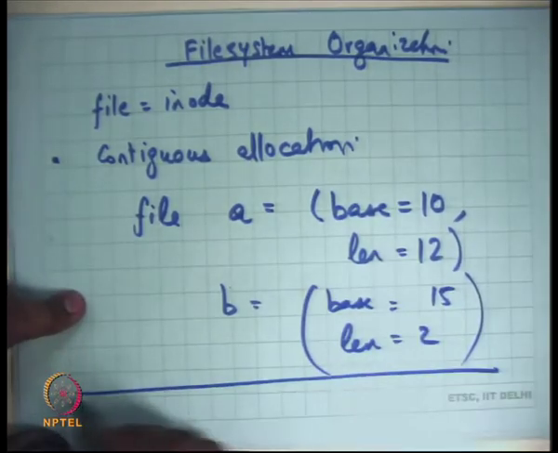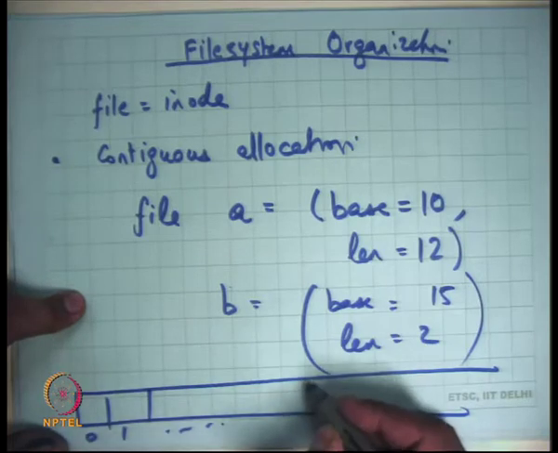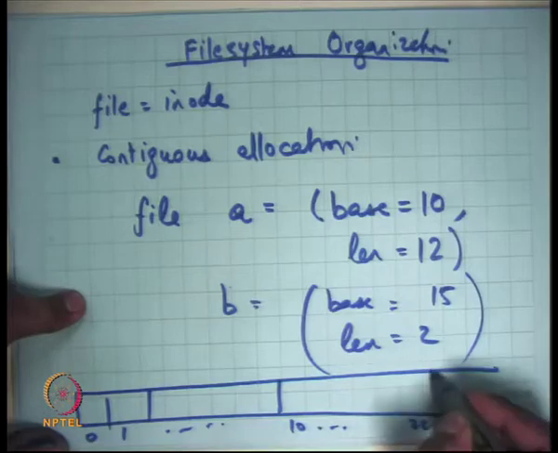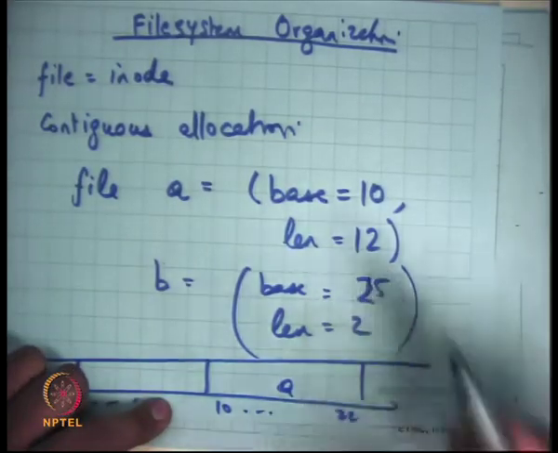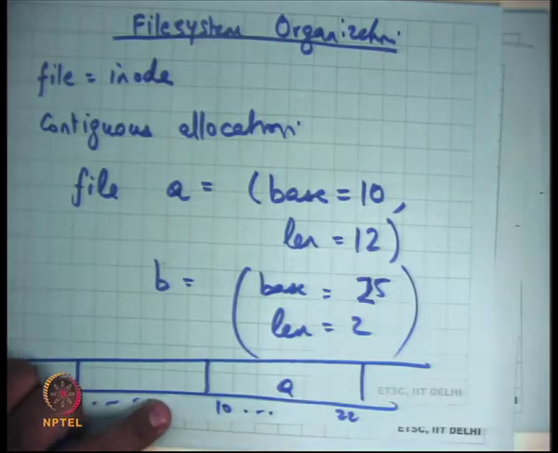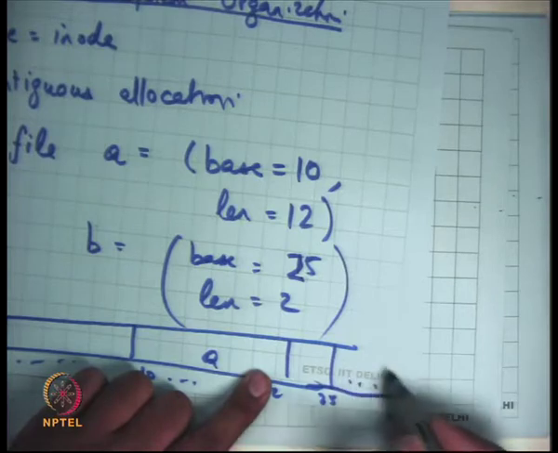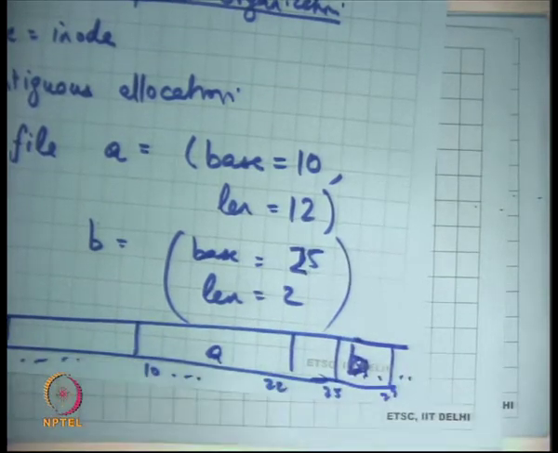And so if I draw the disk, then you basically have 10 dot dot 22 is A, and it cannot be 15, right? So it has to be, let's say 25. They cannot overlap, right? And then you have 25 dot dot 27, which is B, right? So that's contiguous allocation, right?